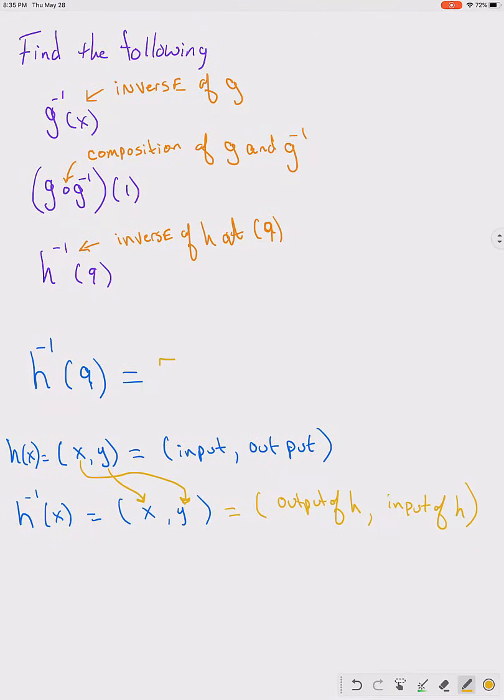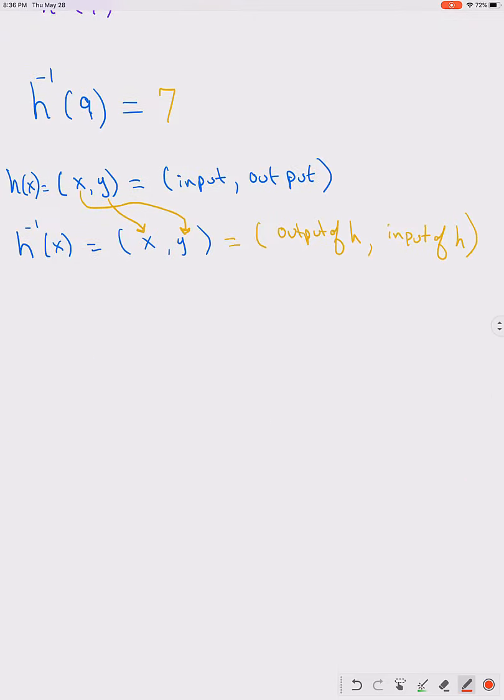So this answer is 7. Okay, so that's the easy one. Remember, the inverse means we're inverting. What used to be x in h is now y in h inverse, and what used to be y in h is now x. We inverted them.